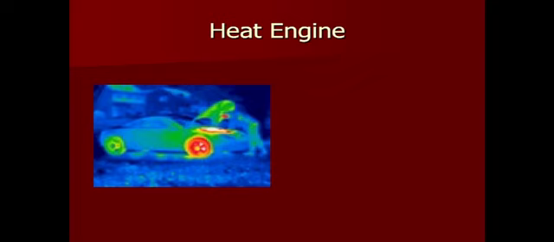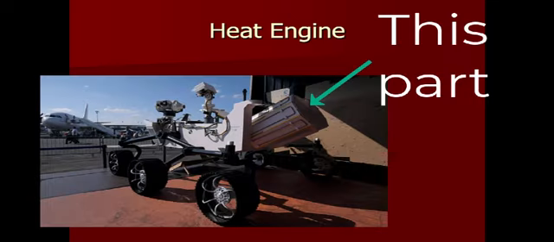There's what's called a thermoresistor, and if one side of it is hot and the other side is cold, the flow of heat through it will actually cause an electric current. That's exactly how the nuclear reactors work on the Mars rover. They have a small amount of plutonium in the rover, and it heats up one side just by natural decay. And as it cools off through the thermoresistor, that generates the electricity.